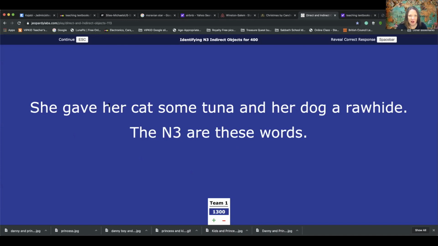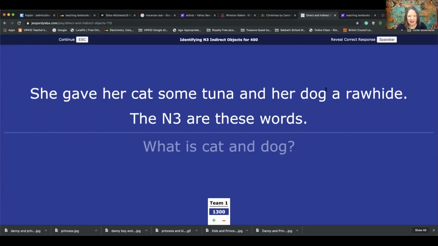She gave her cat some tuna and her dog a rawhide. What is cat and dog? Actually, that needs to be what are cat and dog.